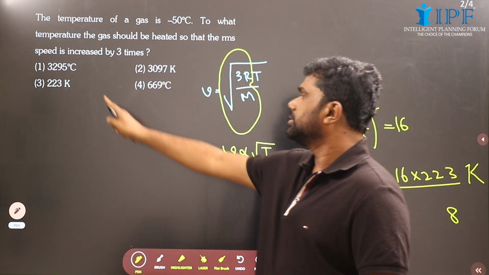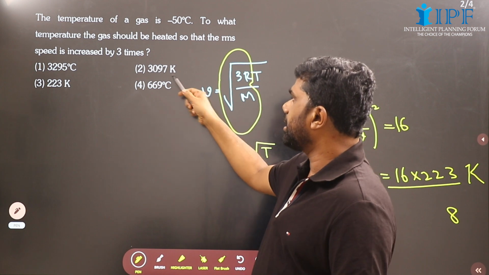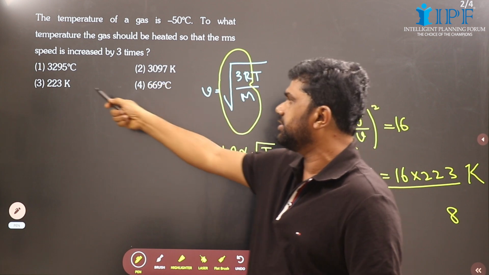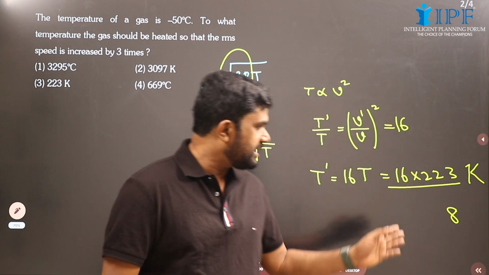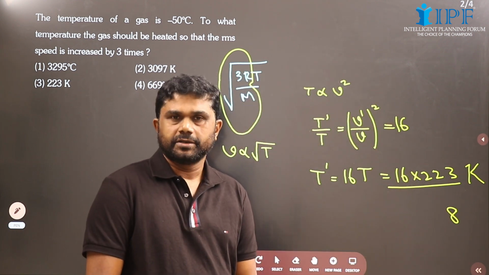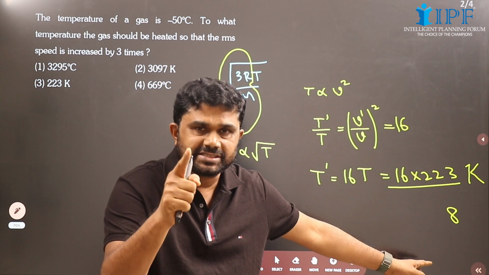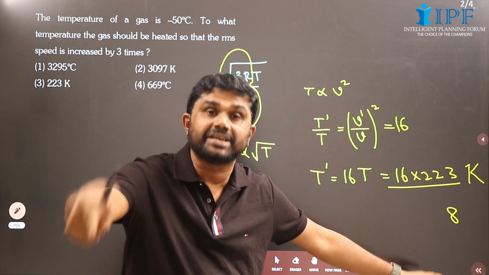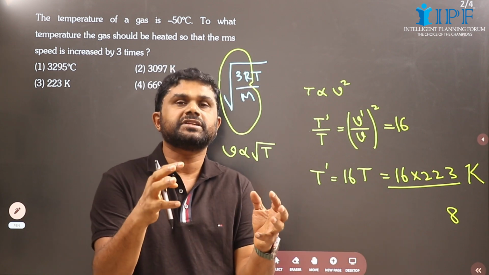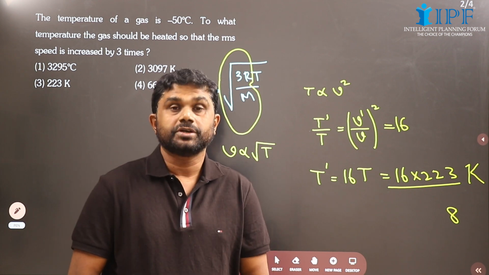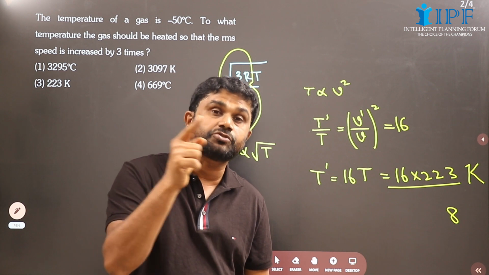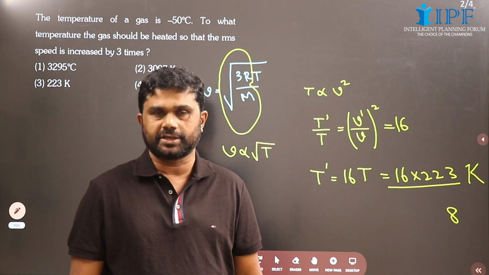In Kelvin there are only two options, 3097 and 223, and neither ends with 8. If the answer in Kelvin ends with 8, how do you convert to degree Celsius? To convert degree Celsius to Kelvin, you add 273.